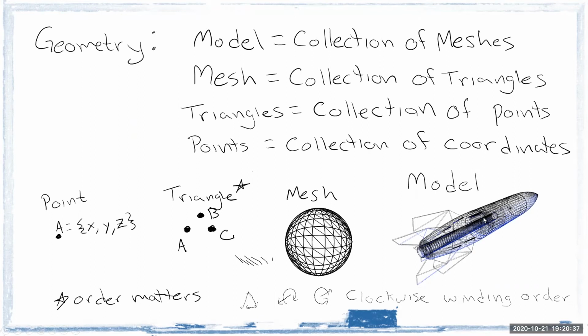And this model that I'm showing here could be a collection of, say, just the nose cone could be one mesh, and then all the way back here, each fin could be a mesh, right? Or it could just be that there's one mesh for a fin, and then we translate the position and orientation of that fin and reuse that same mesh in describing the model.